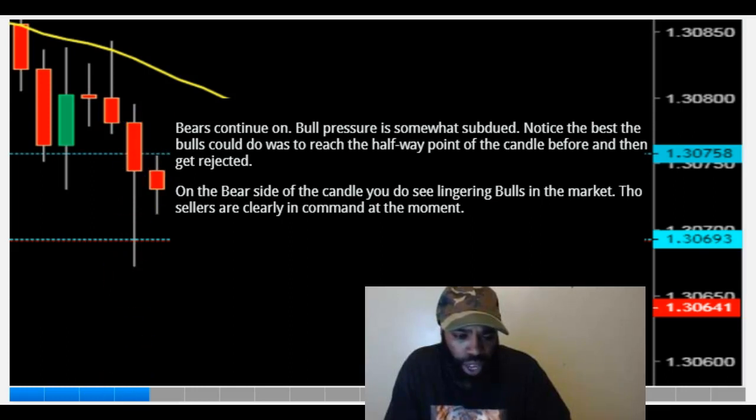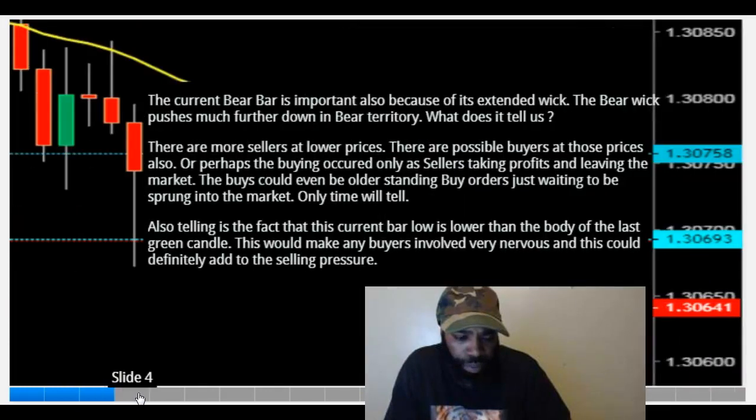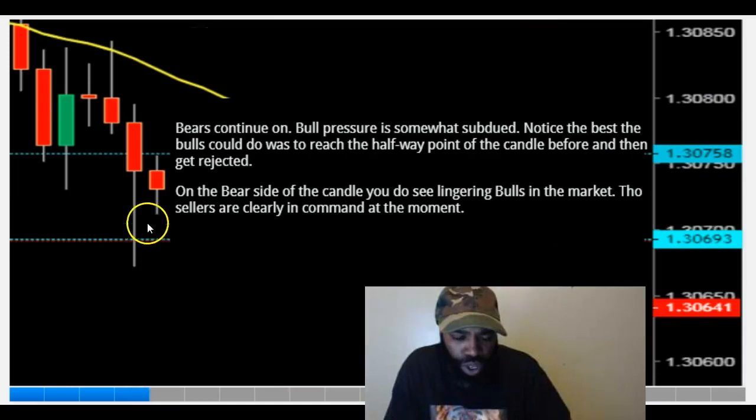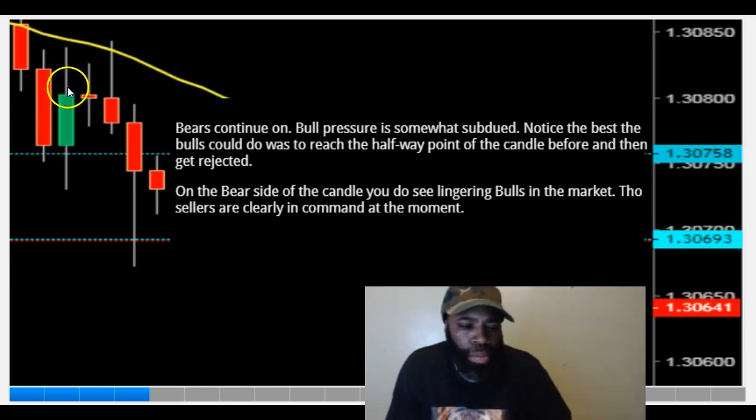You're seeing that. You see here on this next candle, what are we talking about? Remember, we said that when the price got down lower, anyone that was buying would have to come out of the market, right?